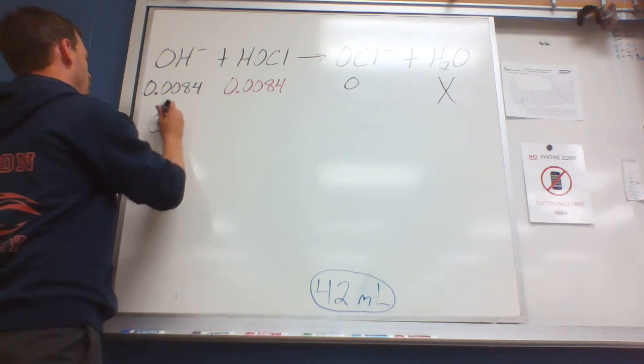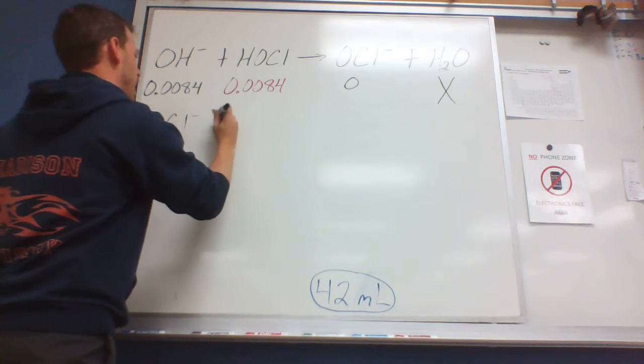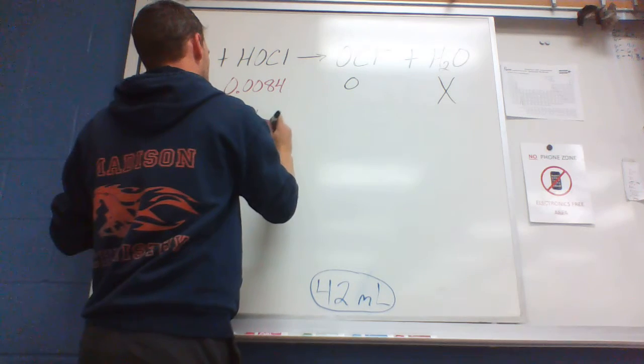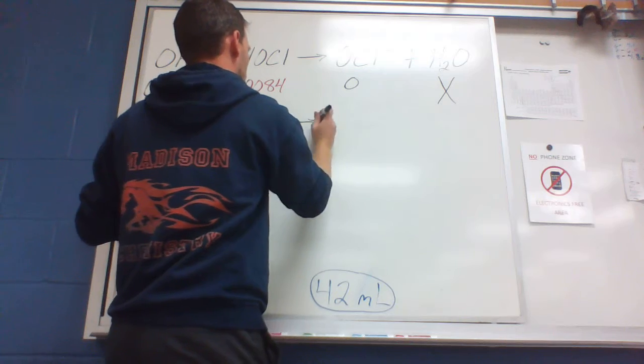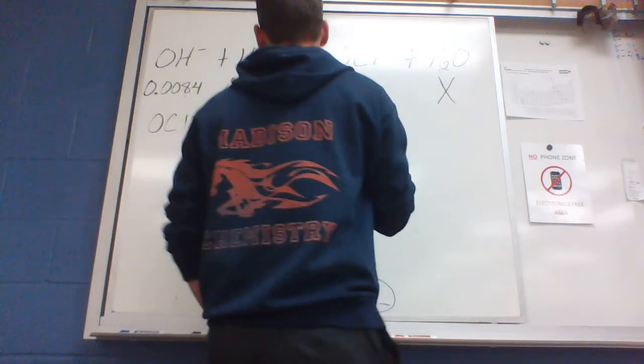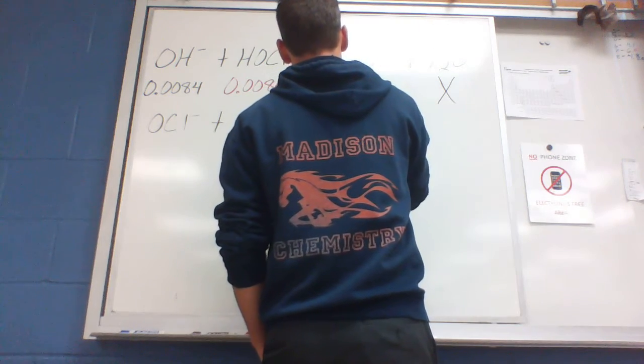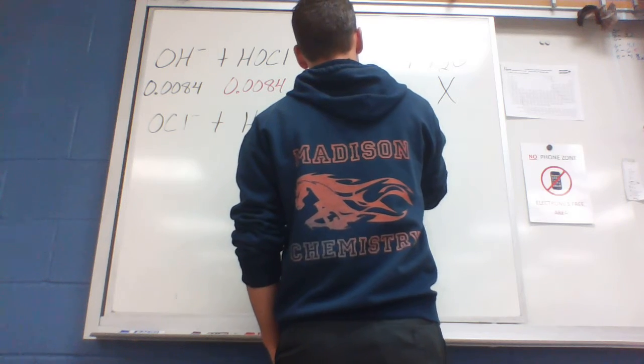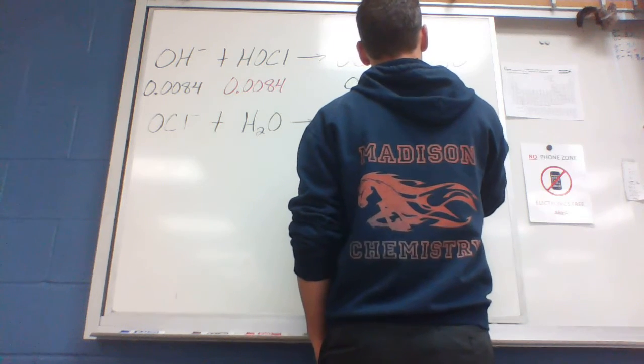Let's go OCl minus, add it to water. It's going to end up producing HOCl and hydroxide.